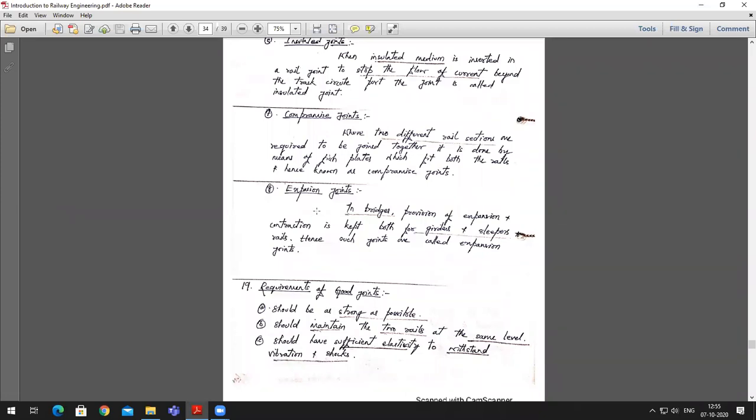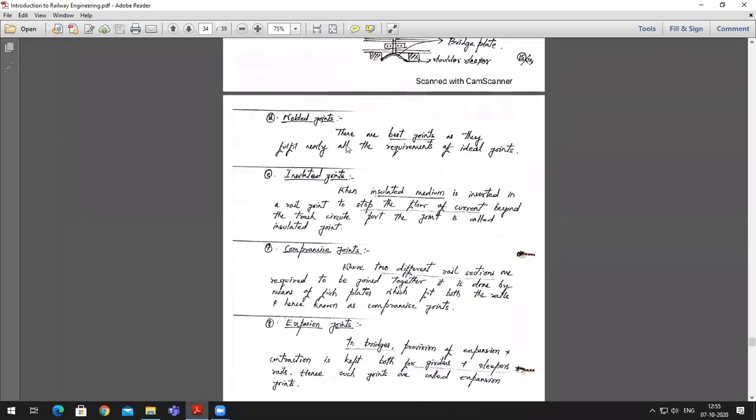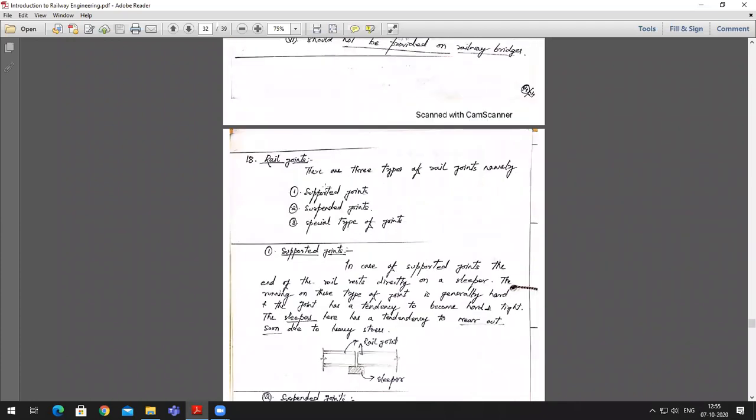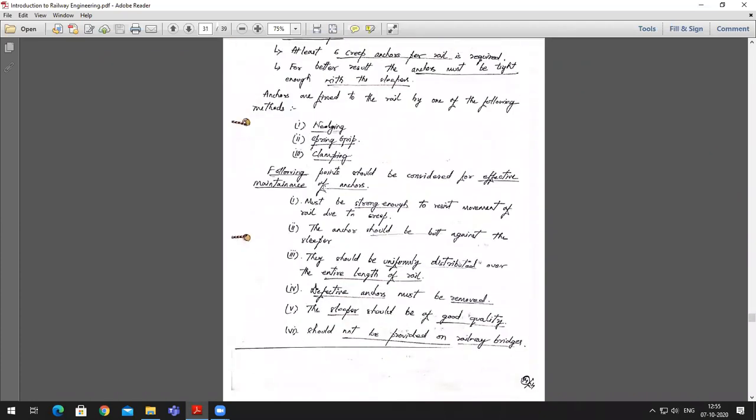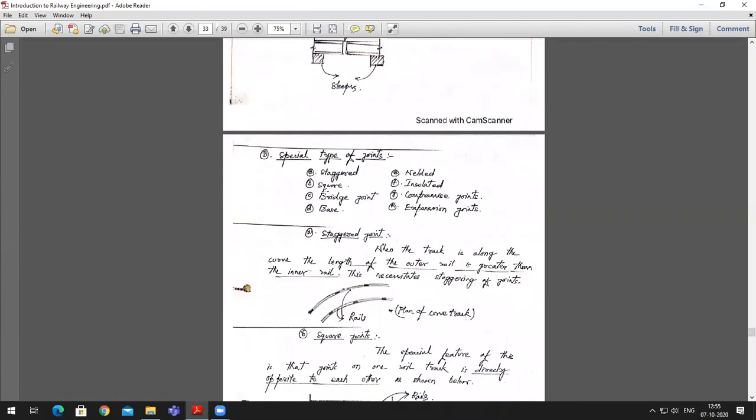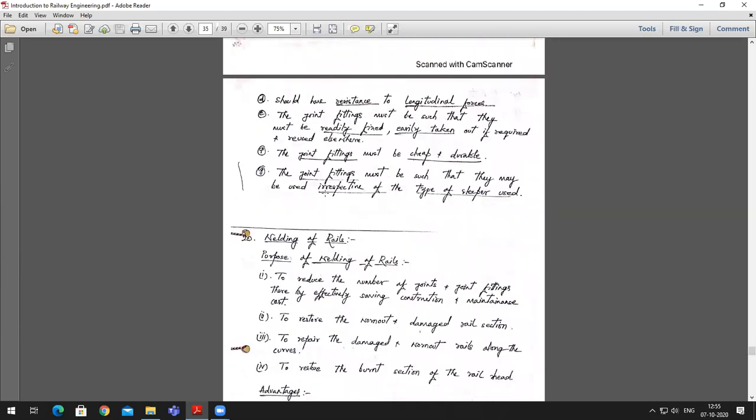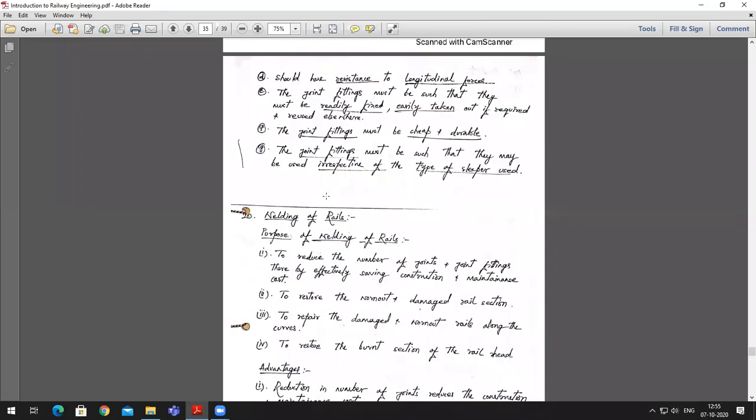So this is what you need to remember. So these are the different types of joints that we have. You might be asked about these things in the examination, so you should draw them properly and explain them as and when it is required.